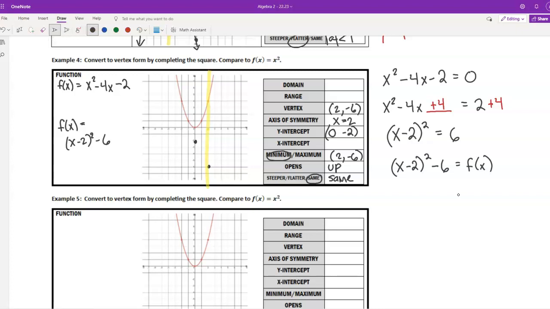And from there, we can also talk about my domain, which is still going to be all real numbers. My range: this is my lowest point, so the lowest I go is negative 6, which is included, and I go up into infinity. Again, we're not going to worry about x-intercepts for now.